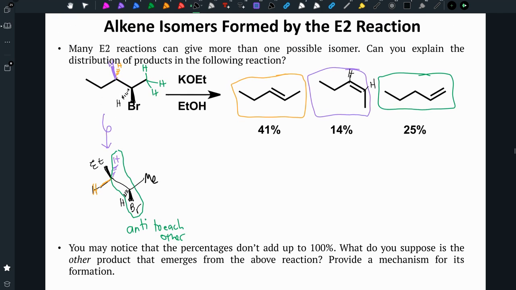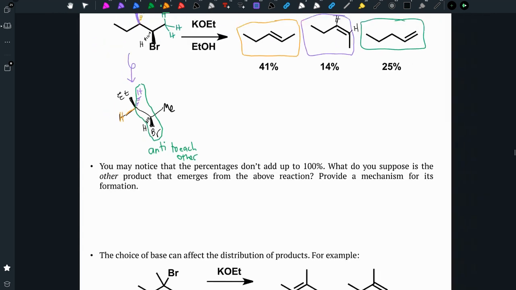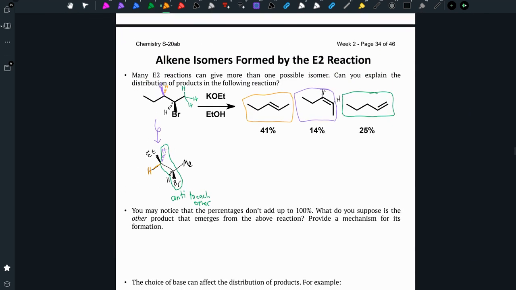So you do get a distribution of these products. You get mostly this anti-product with the alkene that's in the middle. That's generally going to be our major product. We like to give names to things after people.